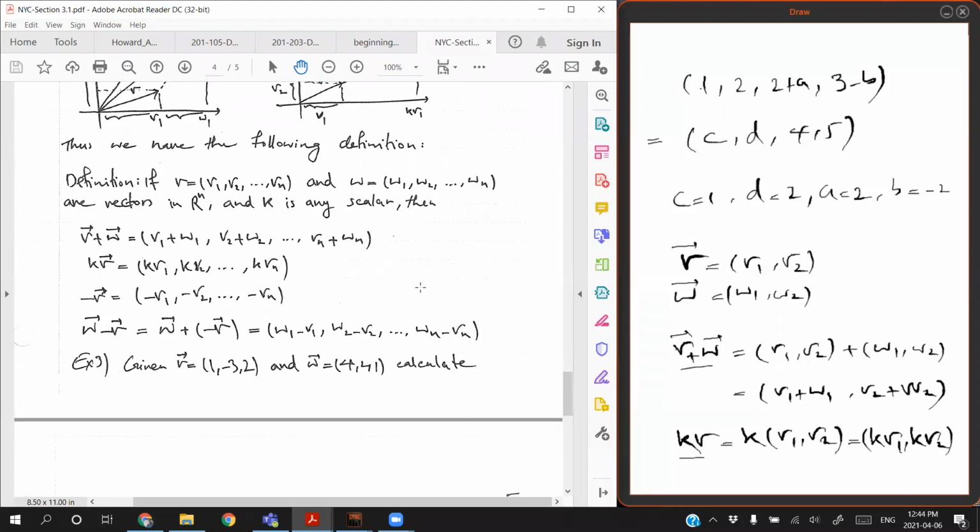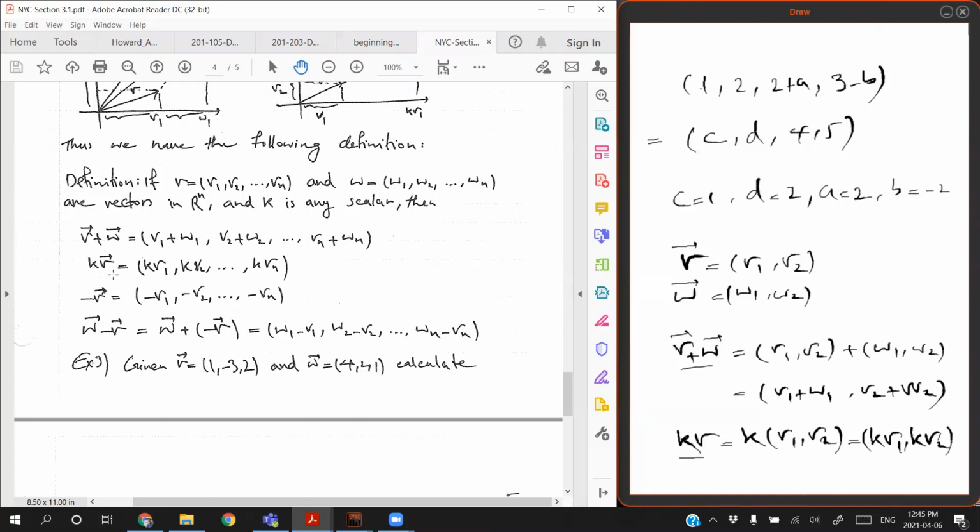So now let's look at the definition for Rn. Let's say v is this vector from Rn, and w is this one from Rn, and k is a scalar. Then this is how we add them up. The first component is going to be v1 plus w1, the second component is going to be v2 plus w2, all the way to vn plus wn. This is how you do the scalar multiplication.